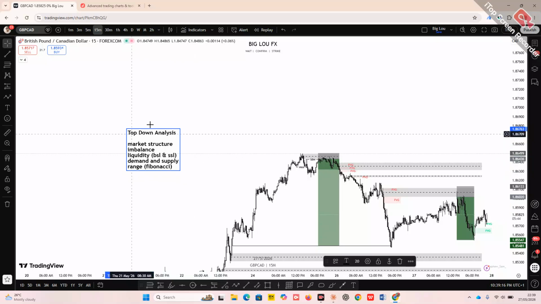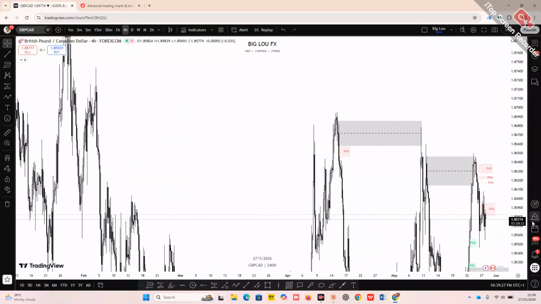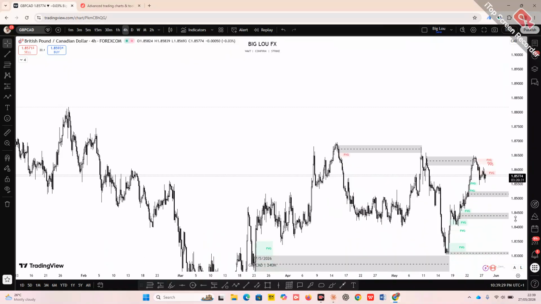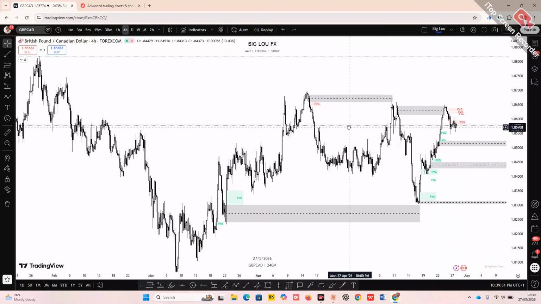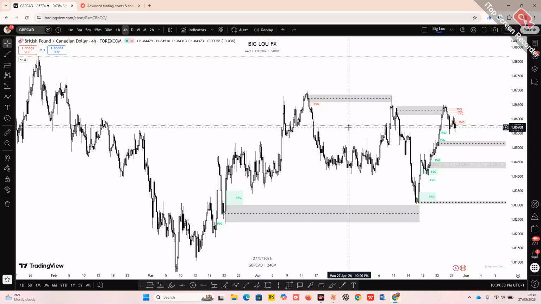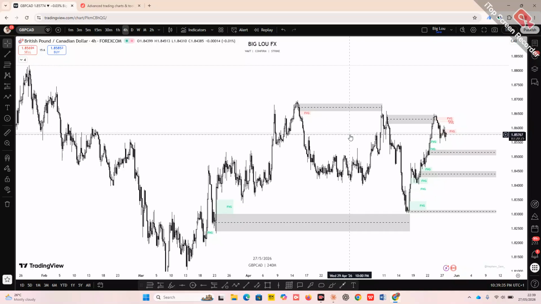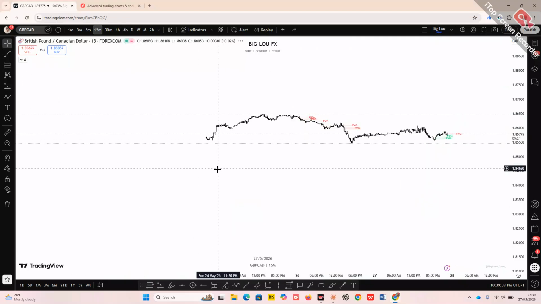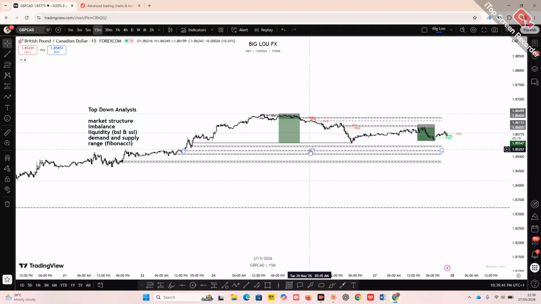All these things, I use them in framing my trade, and I'll show you some of them now in this entry time frame. Even if we go back to the 4 hour, let me show you an example of range. On 15 minutes, I'll show you an example of some of these concepts, how I apply them in framing my trade.